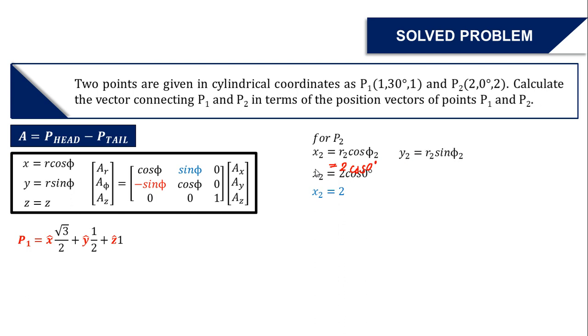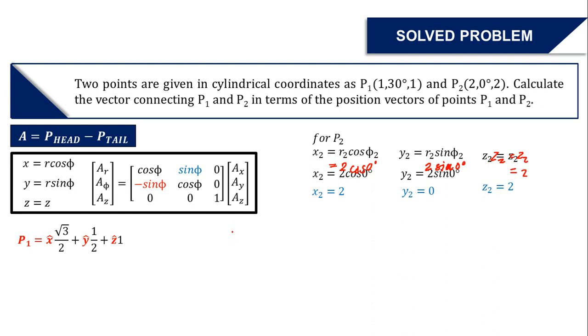Then, sa y naman, y sub 2 is equal to r sub 2 sine phi sub 2. So, yan naman ay equal yan sa 2 sine ng 0 degrees, which is equal to 0. Okay, so y sub 2 is equal to 0. Then, of course, yung z natin, z sub 2 is equal to 2.